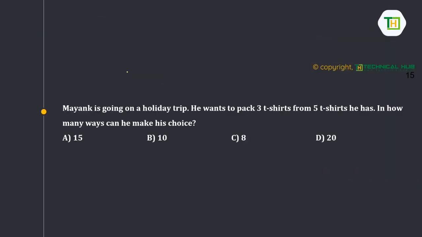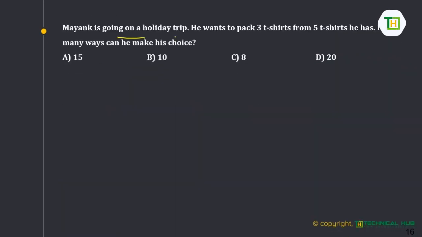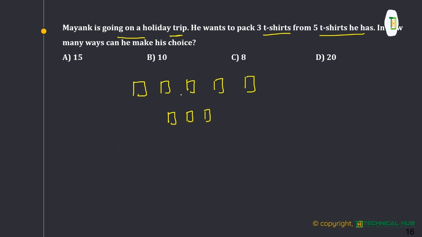Next one. So Mayank is going on a holiday trip. So he wants to pack 3 t-shirts from 5 t-shirts he has. Out of 5 t-shirts, he has to select only 3 t-shirts. So how many ways are possible, they're asking. So out of 5, I have to select 3 means 5C3 is the answer.